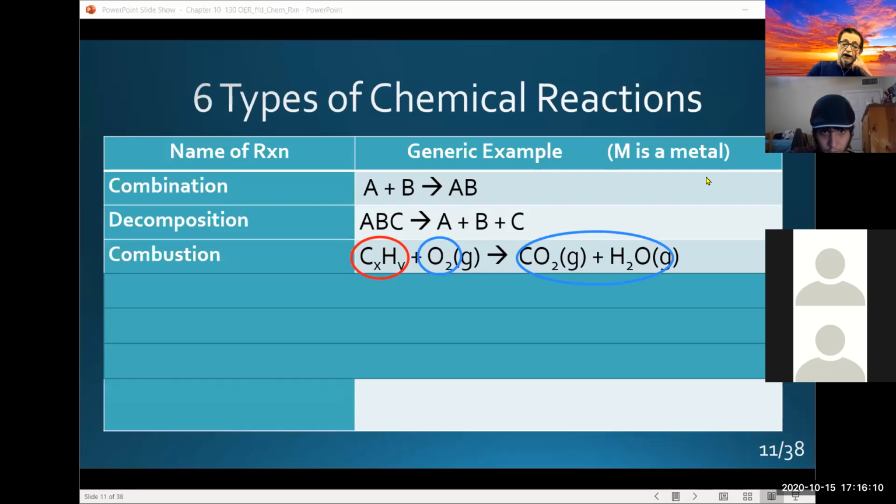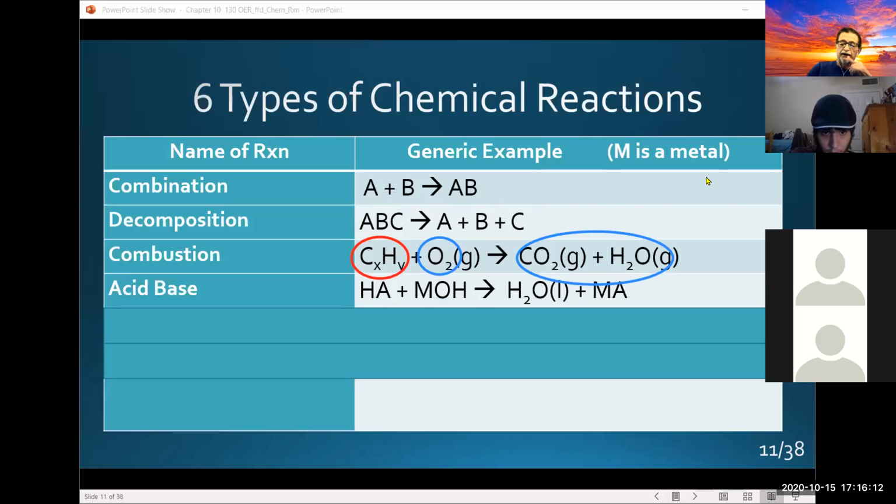The other type is called an acid-base reaction. We dealt with this one in the chapter on acids and bases. You're going to have a proton source, normally written with H up front, and A could be any of multiple things. It could be a chloride, a halide, or an acetate. Then you're going to react that with a metal hydroxide.